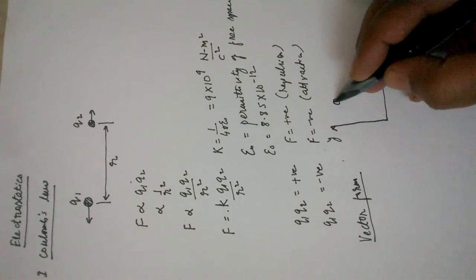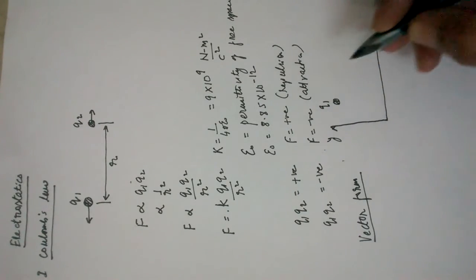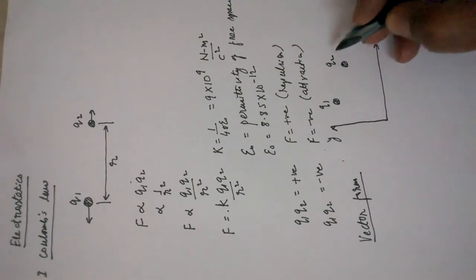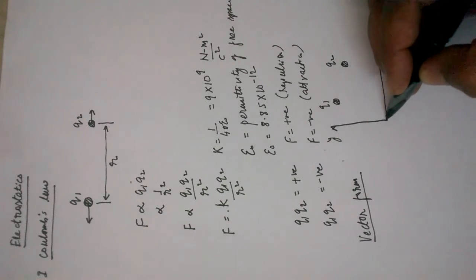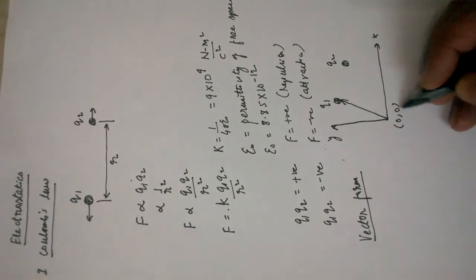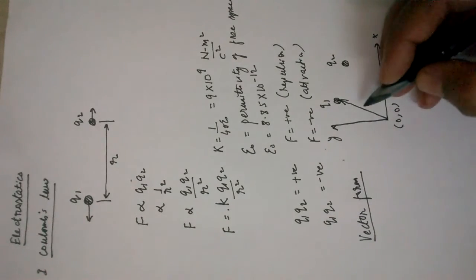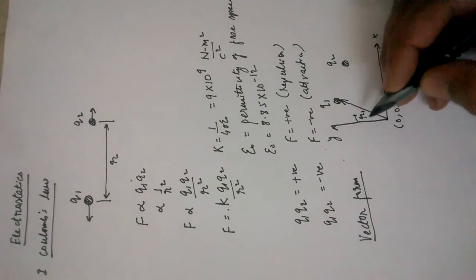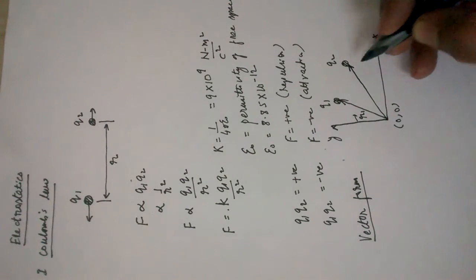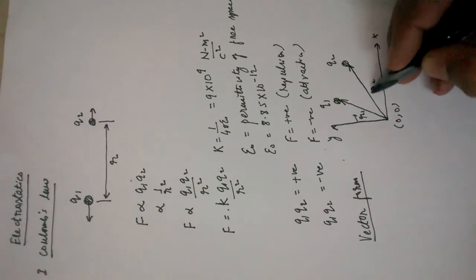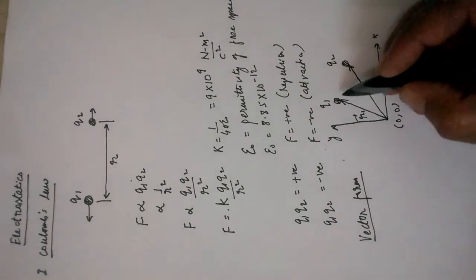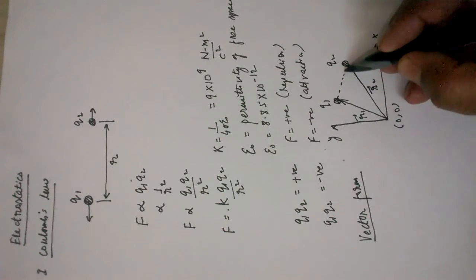I take one charge, Q1, and another charge, Q2. The position of charge Q1 when measured from the origin is r1 vector, and the position of charge Q2 when measured from the origin is r2 vector.